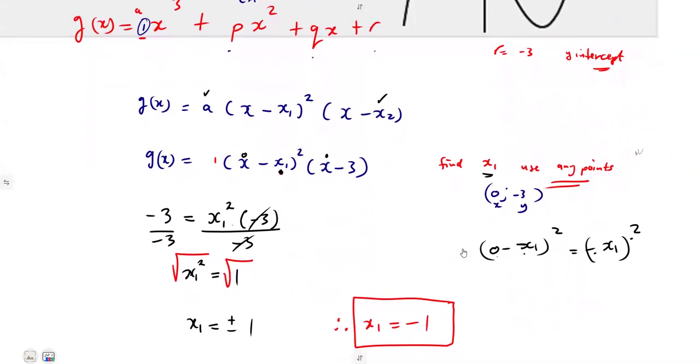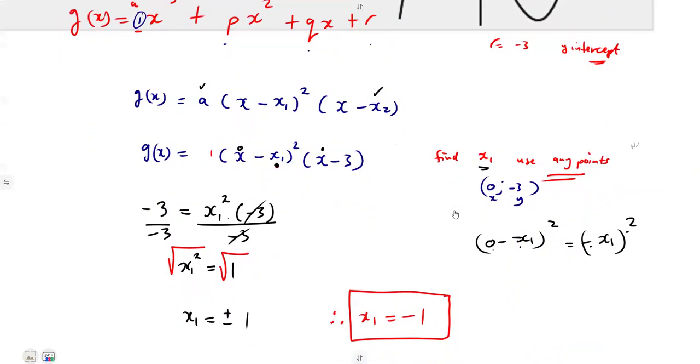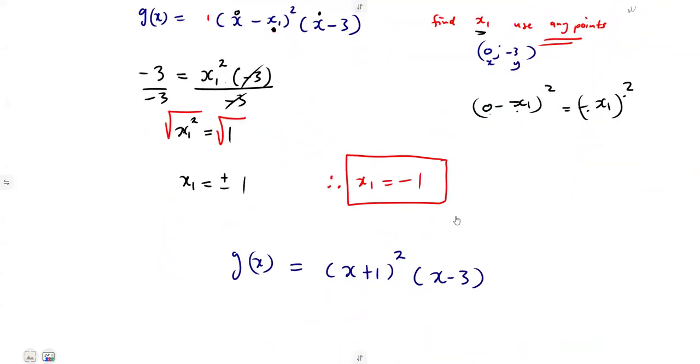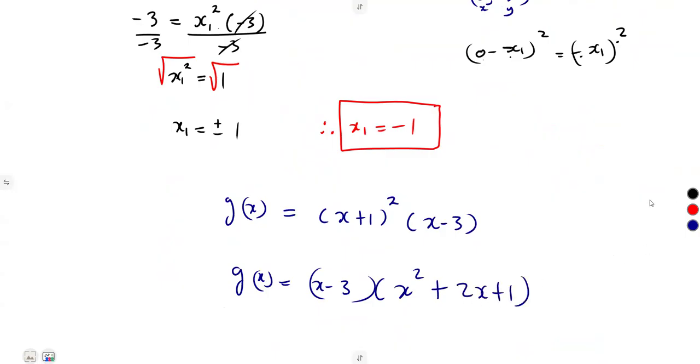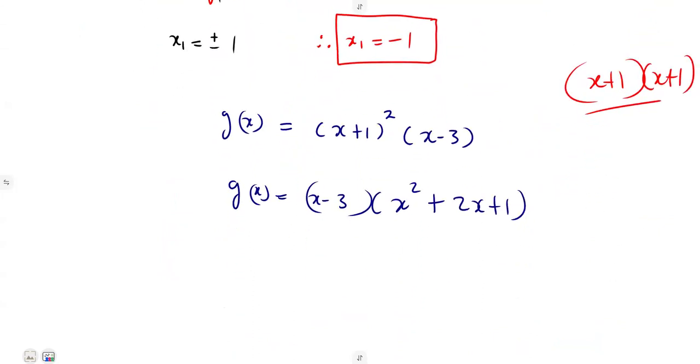You can tell what is the value of P, what is the value of Q. All right, so let us expand x plus 1 squared from our expansion. Guys, you must know this is going to give us x squared plus 2x plus 1, or just properly expand 2 brackets, x plus 1, another bracket, x plus 1. You're going to obtain this, all right?